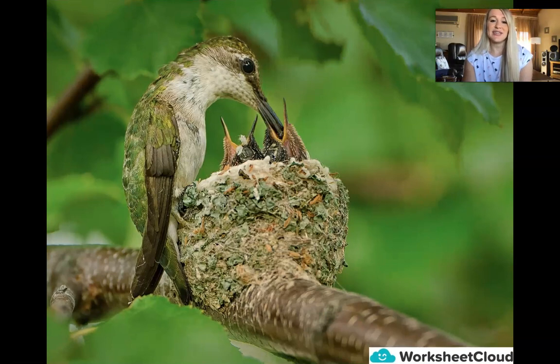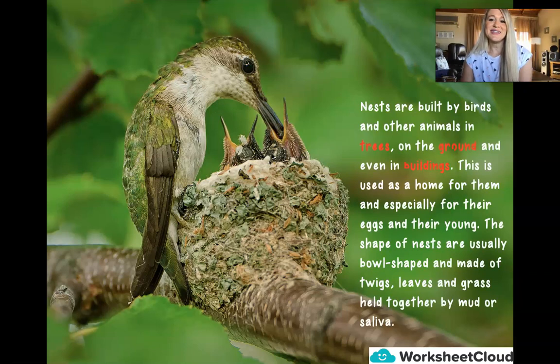So now let's look in a little bit more detail. How beautiful is this picture? So nests are built by birds and other animals in trees, on the ground, and even in buildings. This is used as a home for them, and especially for their eggs and for their young. The shape of nests are usually bowl-shaped and made of twigs, leaves, and grass, and they are held together by mud or saliva.